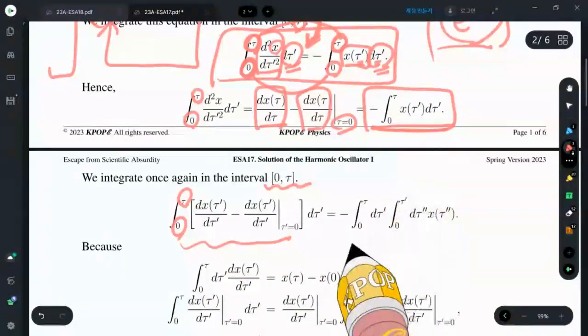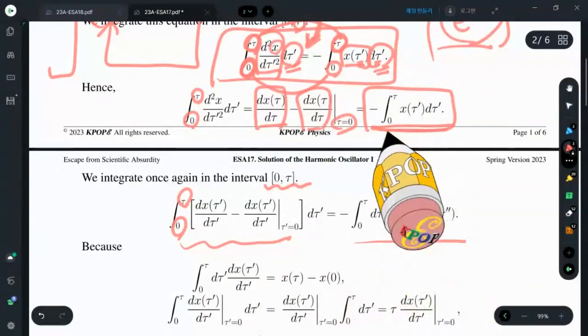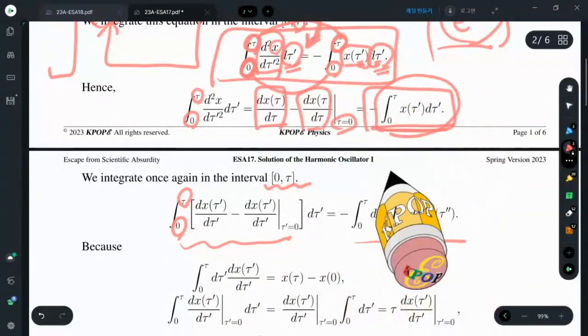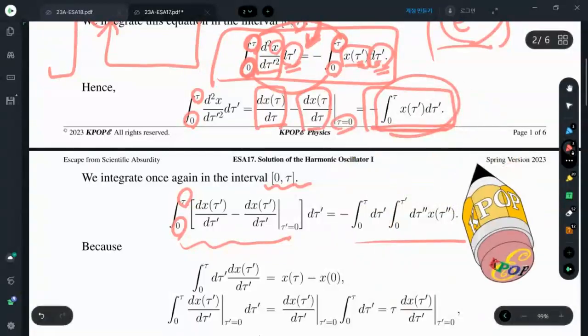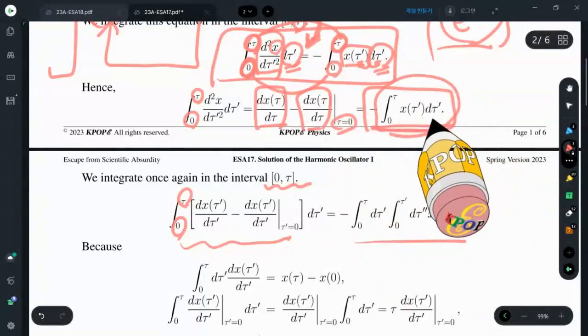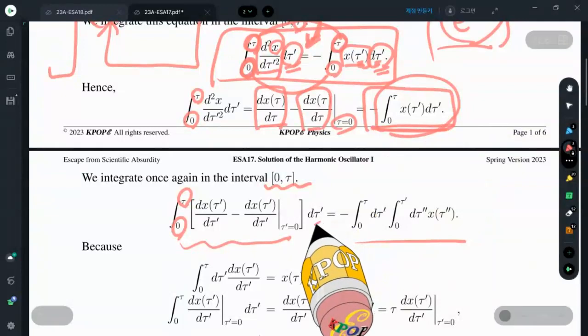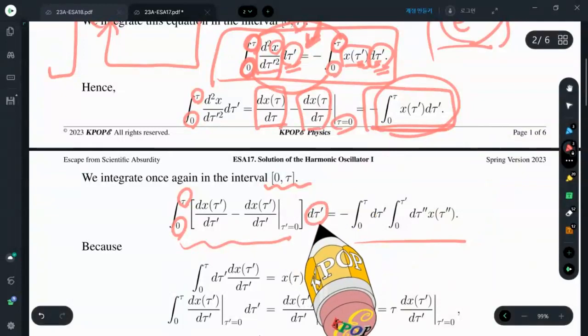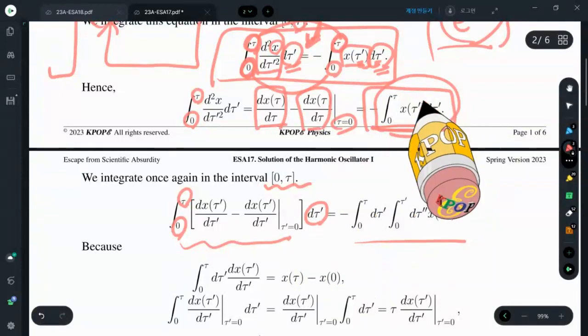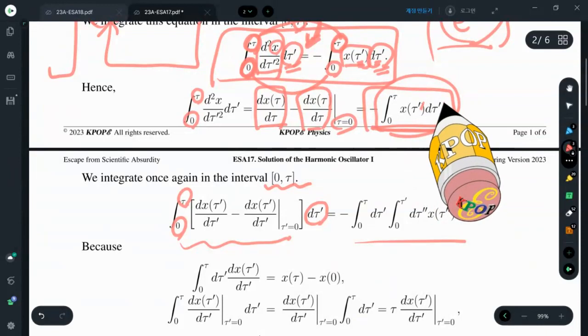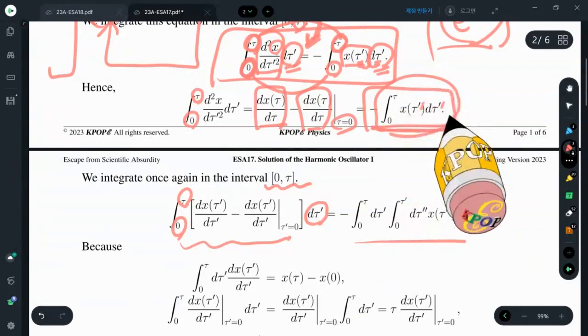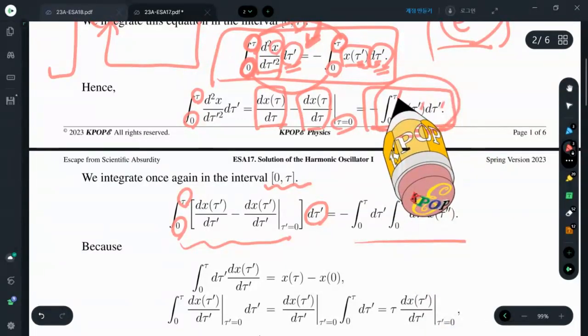On the right-hand side, we have a double integral. First integral, and then now this one is integrated out, but I'd like to integrate over the tau prime. So let me write it as a double prime inside and put it as a prime.